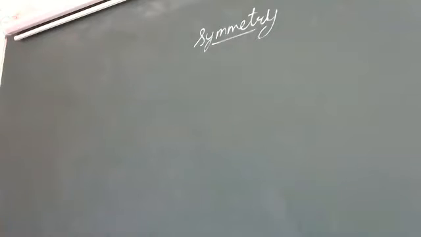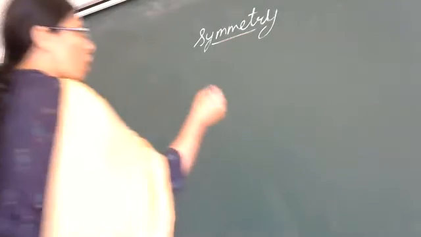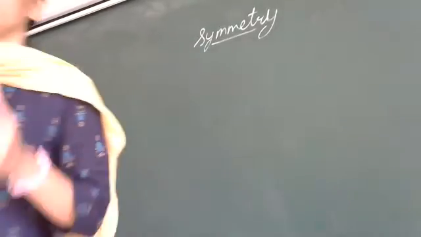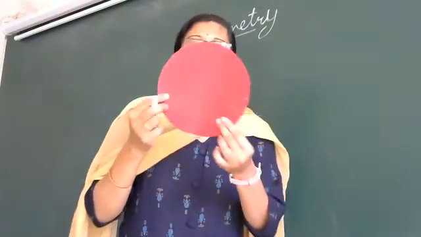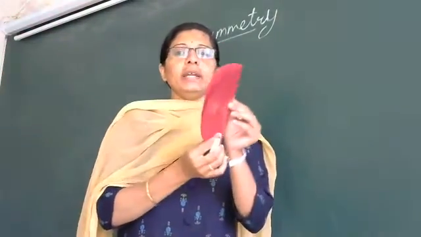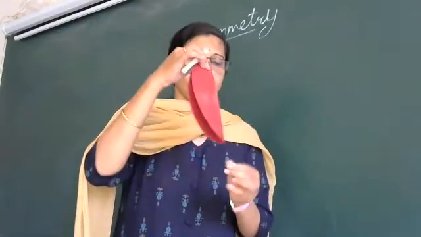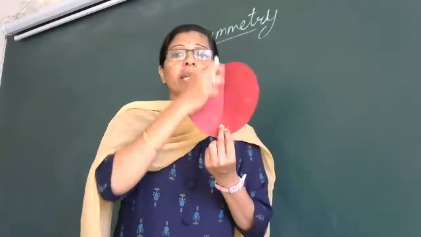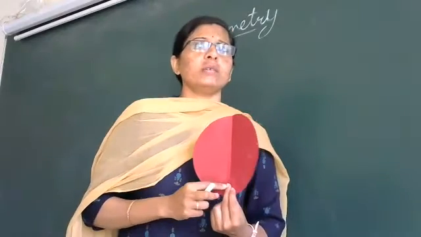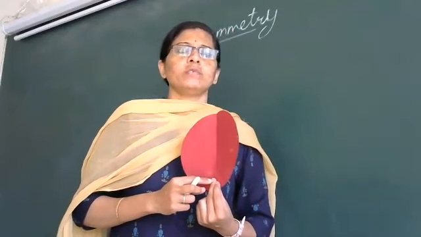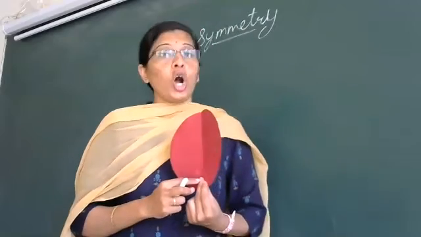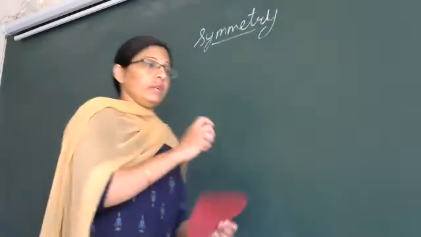Again, we saw that if this figure is a circle and I divide it into two parts, this line which divides it, what is it known as? Line of symmetry or axis of symmetry.